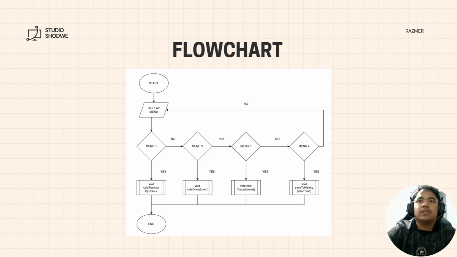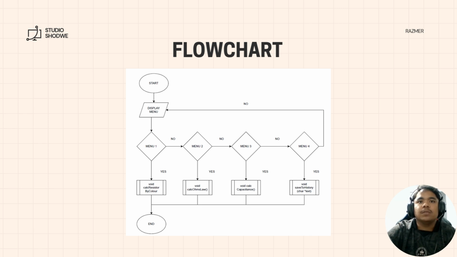If the user chooses to calculate resistor by color, the calculate resistor by color function will run. If not, it checks for Ohm's law, and if selected, it runs calculate Ohm's law. If not, it moves on to check capacitance calculation using the calculate capacitance function, and finally checks if the user wants to save the data using save to history with char text.